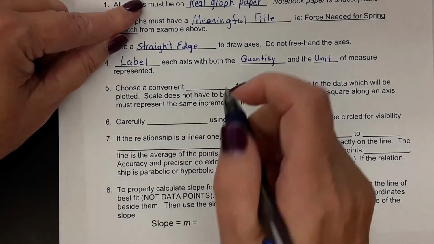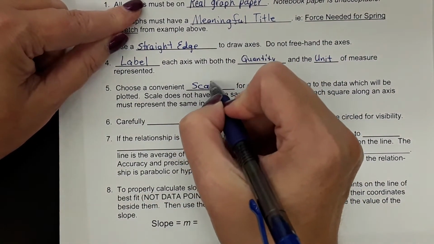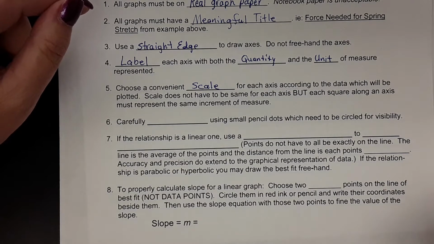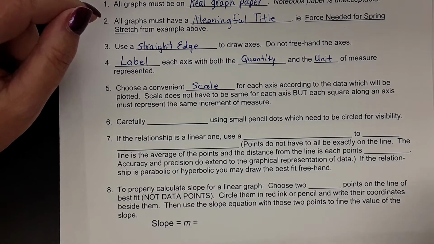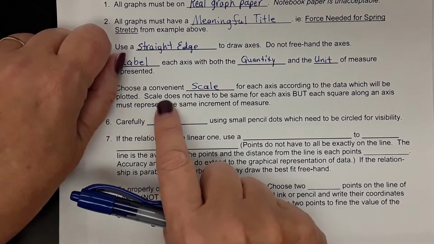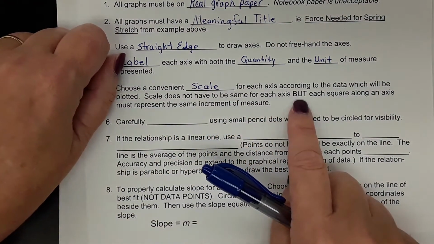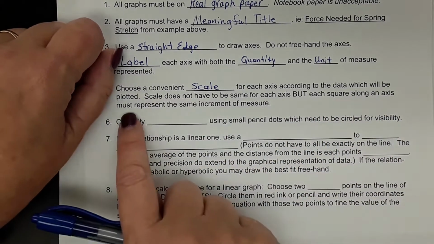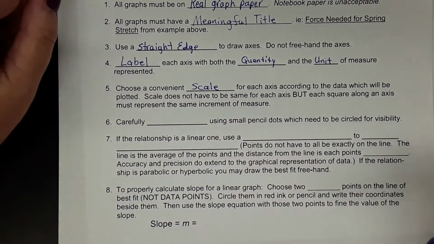Next, we're going to choose a convenient scale for each axis according to the data to be plotted. That means you have to look at the range of your data for each axis. Now notice, a scale does not have to be the same for each axis, but each square along an axis must represent the same increment of measure.